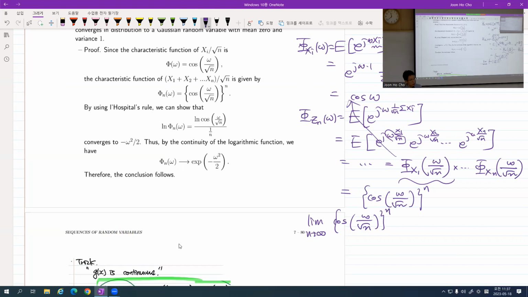How can we find that? Actually, this consists of an uncountably infinite number of limits of sequences of real numbers, right? If you fix omega, you have a number sequence, right? And when you have a sequence of numbers, what do you have?